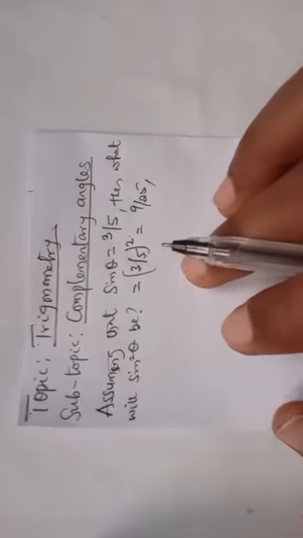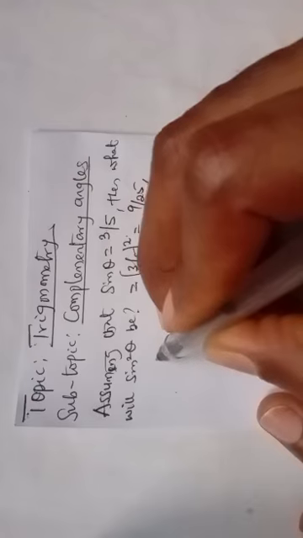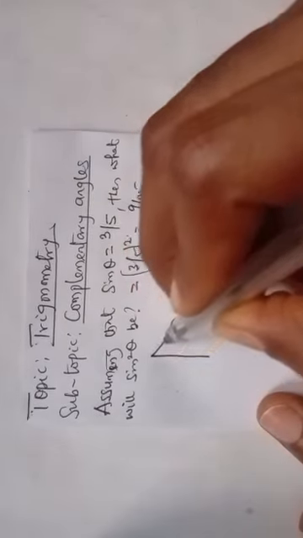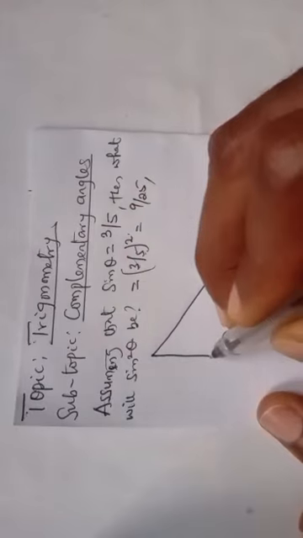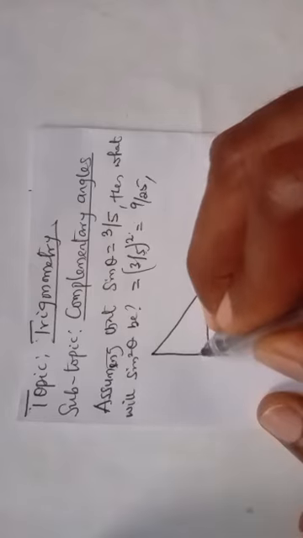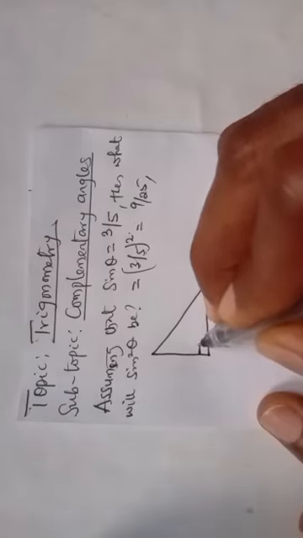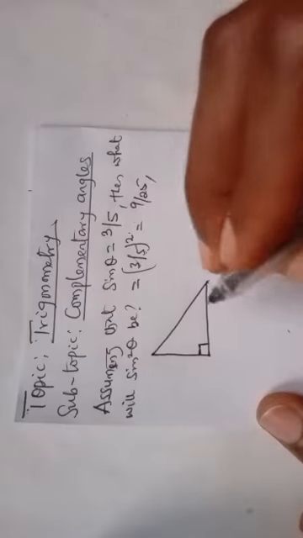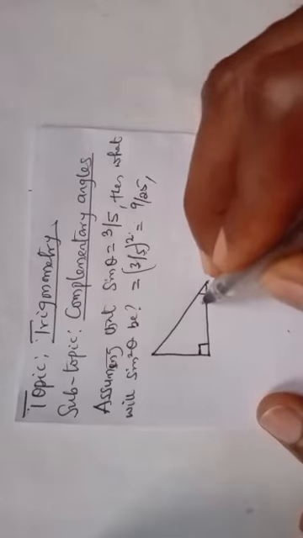Let me give an example using this diagram. This is a right angled triangle. Now this shows angle 90. Let's assume here is angle theta.